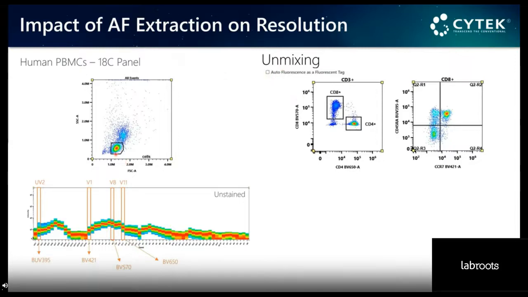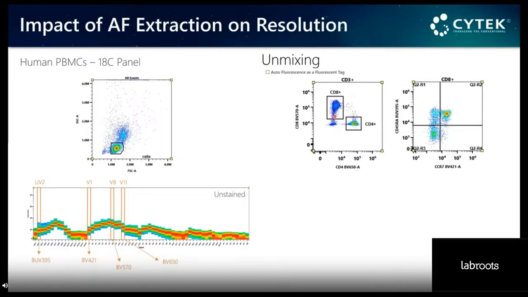After we gated on lymphocytes, we care about the CD3 positives. We are looking for CD4s or CD8s, and the plot shows us double negative events and double positive or single positives for each marker. What we are seeing here is that the separation between my negative CD8s and my positive CD8s is not that clear.